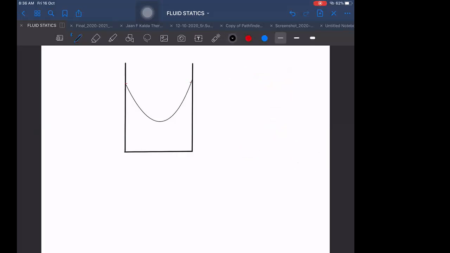Let me take one paraboloid here. This is an inverted paraboloid. What is the equation of this paraboloid? Let's say the downward is the y-axis, this is the x-axis, this is radius r here, and the height is h.